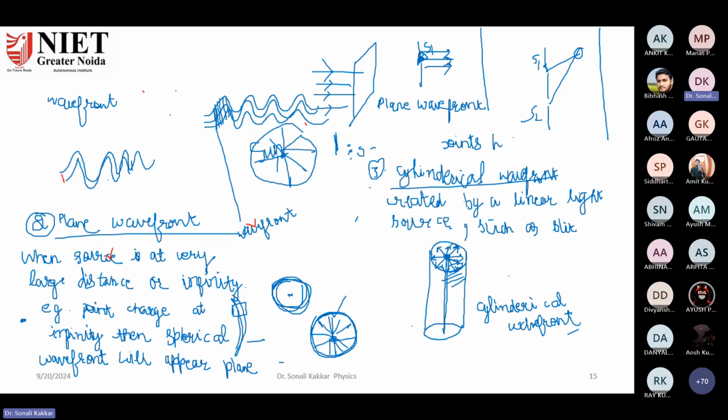When we consider points in the slit, it will be like a point source. So when we consider the slit to be made up of small points, each point source will be a source of spherical wavefront. And why we are considering these points and not the whole slit, I'll discuss in the next slide. Okay? So should I move to the next one?